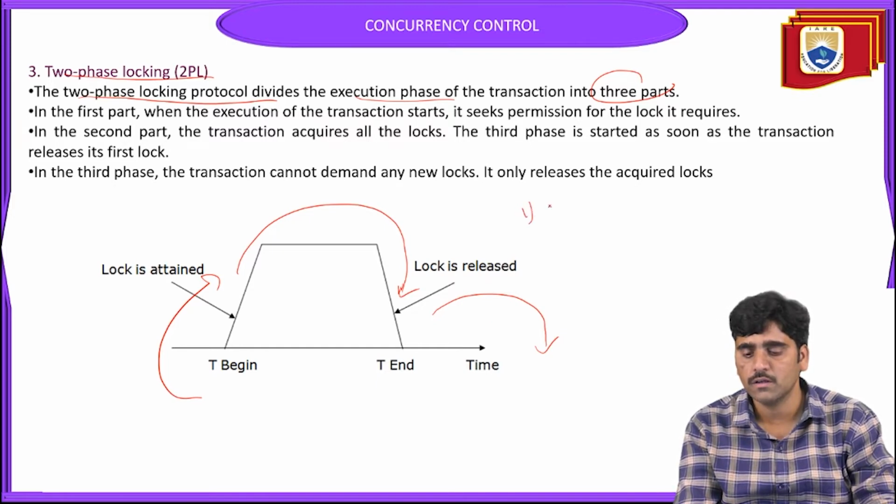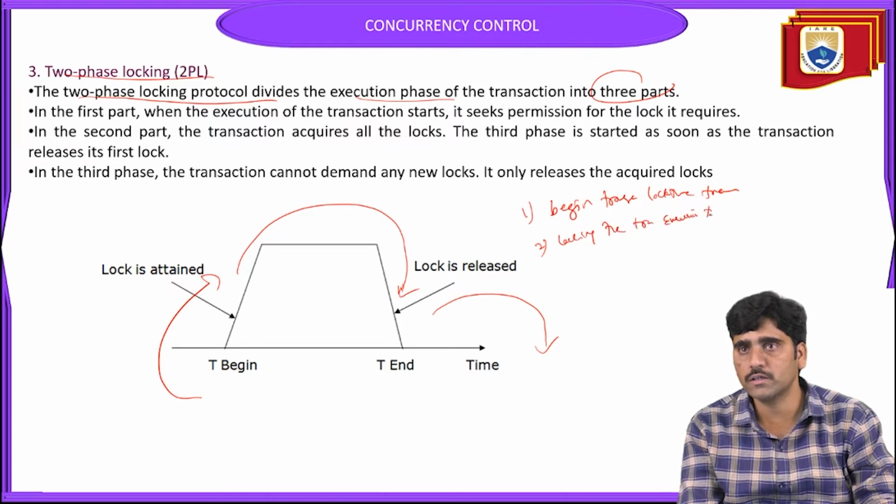First one is what? Beginning the transaction to locking, the second one is locking to executing the transaction, and the third one is finishing the transaction to releasing the lock.